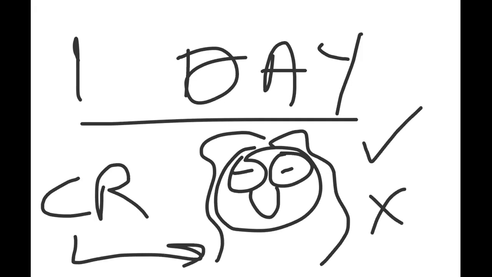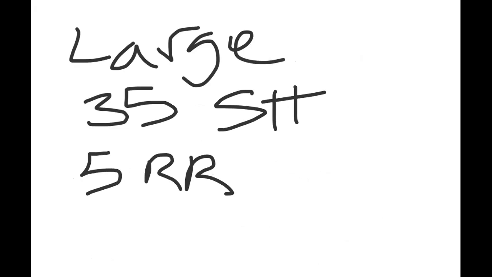Now, if you're working on a large project, for example, and let's say you've got 35 different stakeholders, and let's say every week you get 5 change requests. Well, these 5 change requests, what do you need to do with them?